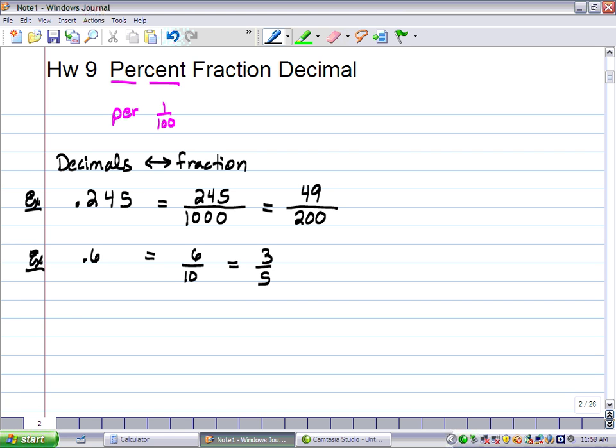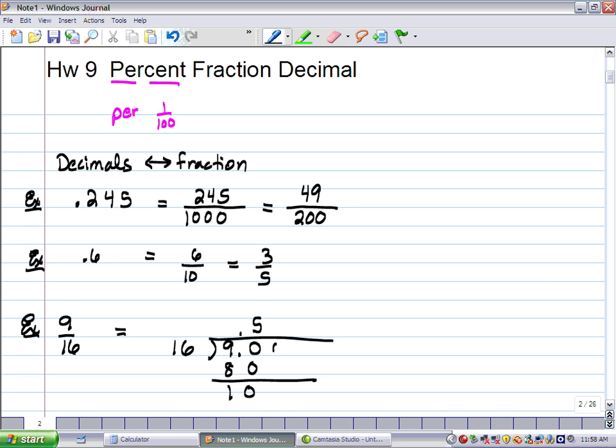If you had it the other way, you had the fraction, 9 over 16, you do long division. So 16 goes into 9 how many times? And remember there's an invisible decimal at the end of every whole number, integer. So I can add zeros. 16 goes into 90 5 times. 5 times 16 is 80.